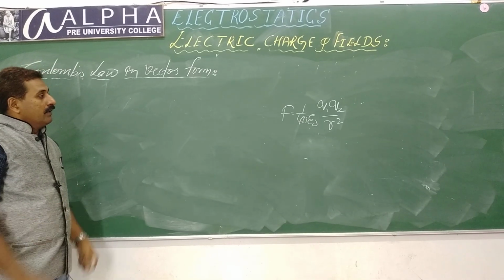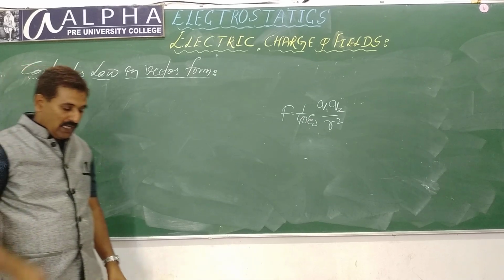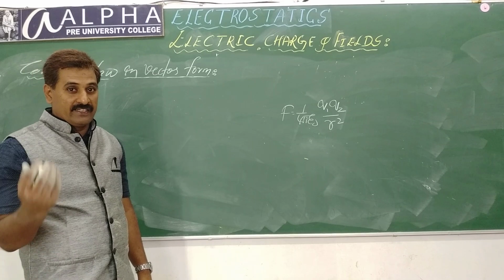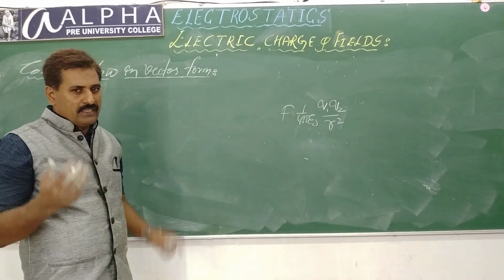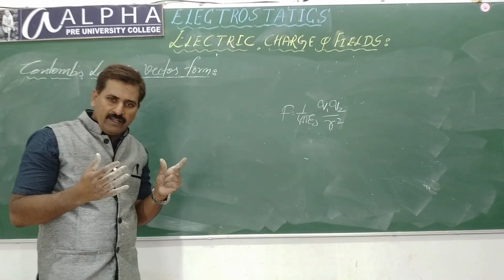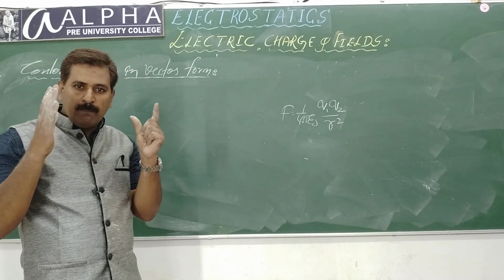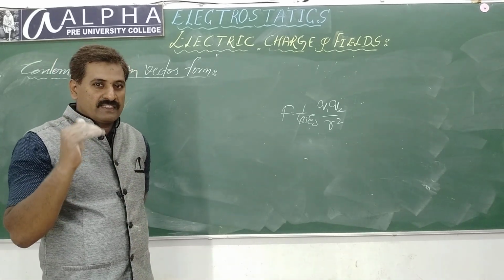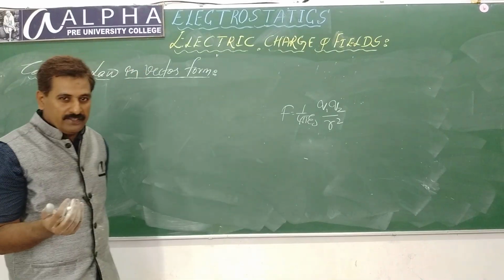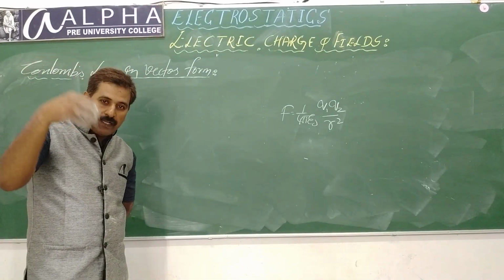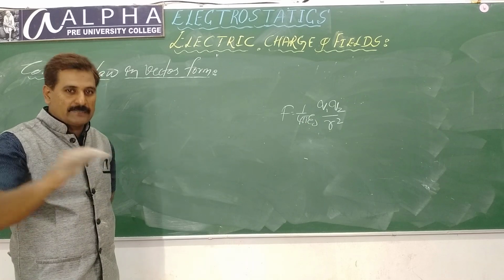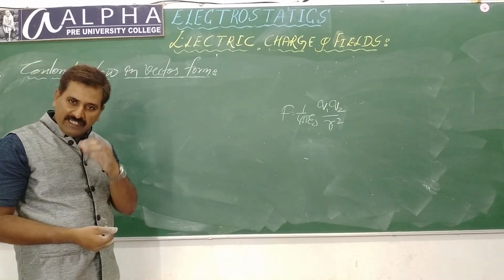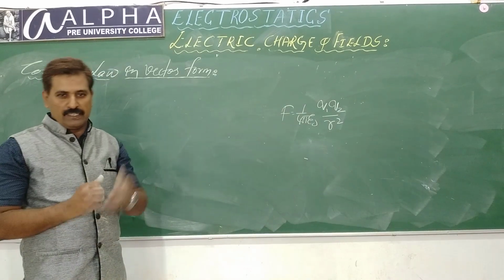Now, all of you learned last year what are vectors, what are scalars. Let us recall now. What are vectors? The quantities which require direction for their complete specification. And what are scalars? The quantities which require only magnitude for the complete specification. Force requires direction also for its complete explanation.